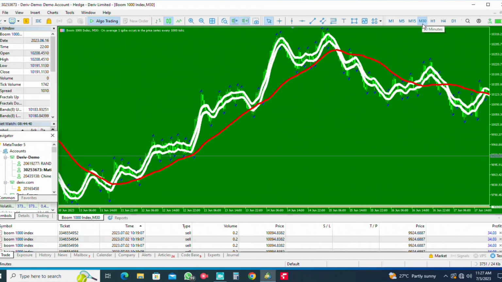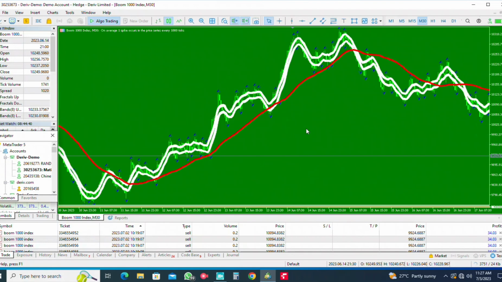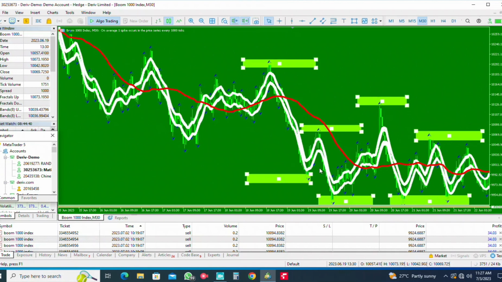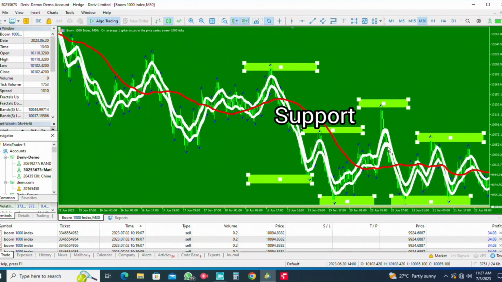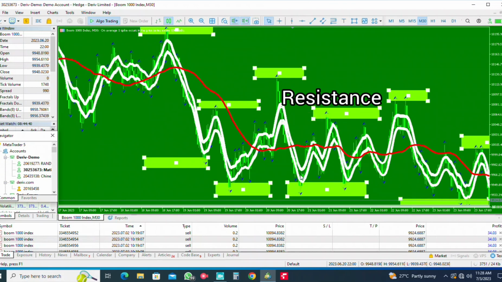You can see we are on the 30 minutes time frame. This is the market environment. The market keeps on moving from resistance to support, and from support to resistance.